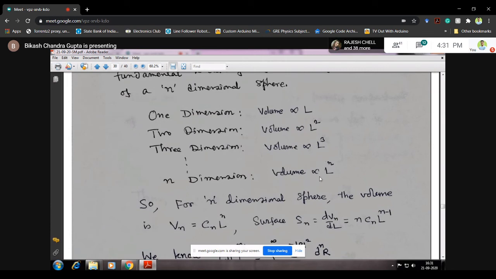Now you have a factor also there, right? Proportional, there is some factor here. In this case also there is some factor. You know that 4/3 pi is a factor here, so you will have a factor here. So basically we'll try to find the generalized volume of an n-dimensional hypersphere, and from there, unless I know the volume of that sphere, I cannot calculate the surface area, I cannot calculate the number of microstates of that hypersphere.